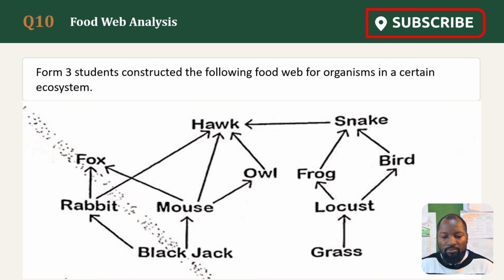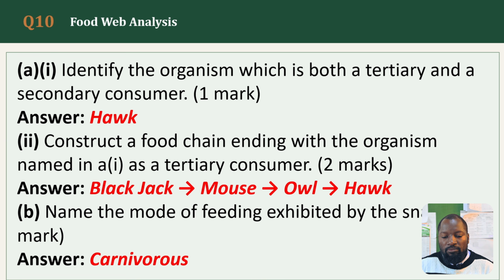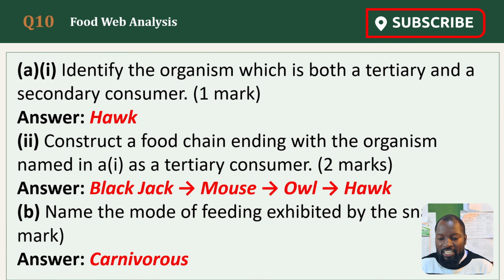We have snake feeding on frogs and birds, but being fed on by the hawk. We have the locust, which is being fed on by the frog and the birds, but the locust feeds on the grass. So from the food web, the first question they're asking us: identify the organism which is both a tertiary and a secondary consumer.